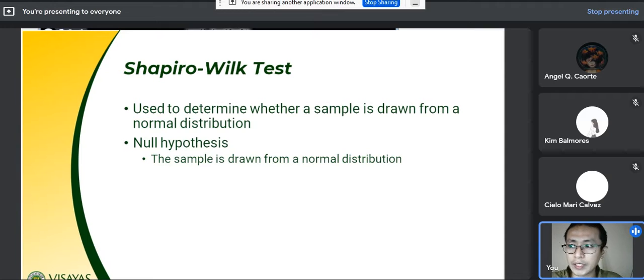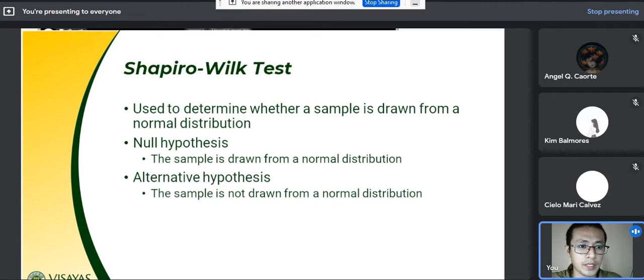In our null hypothesis, we should always state that the sample is drawn from a normal distribution. And our alternative hypothesis is that the sample is not drawn from a normal distribution. That's your pattern to state your null and alternative hypothesis when you perform the hypothesis test for normality. Any question or clarification on how we state the null and alternative hypothesis for the hypothesis test for normality?